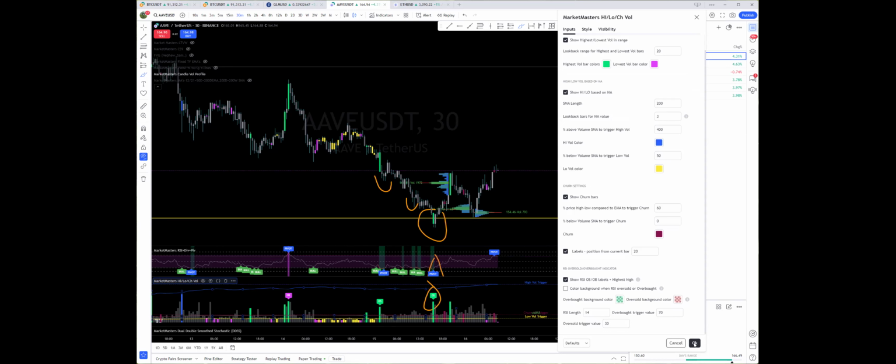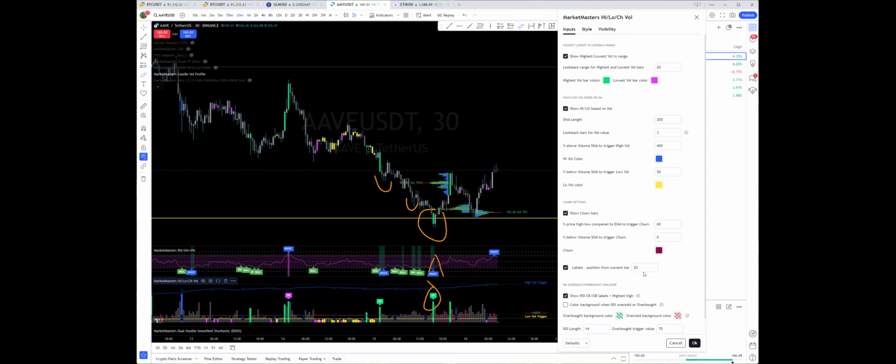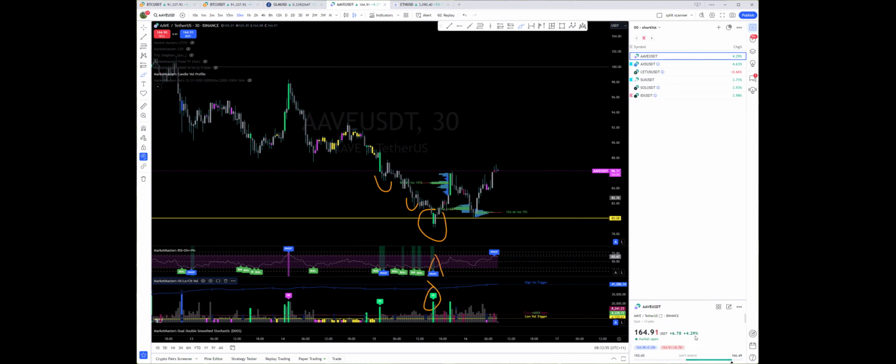If you want to fine tune it for a particular coin, you can do that. But at the moment, I think she's dialed in pretty well, considering I've been hitting about 80%, or even higher, on trades with this sort of 2 to 3 R trade. So that's all pretty good.